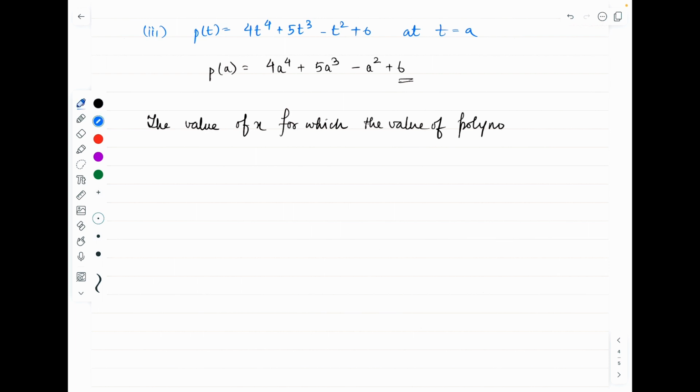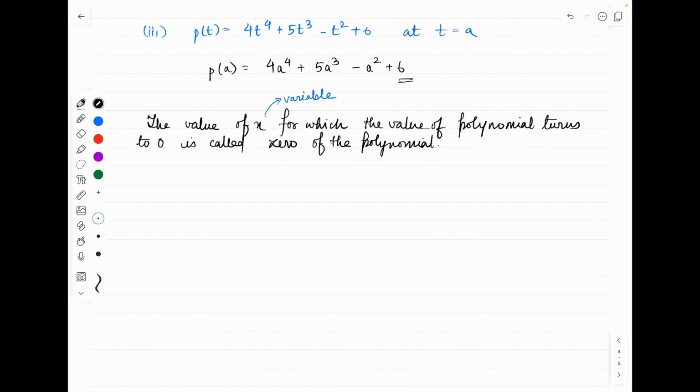The value of x, which is the variable, for which the value of the polynomial turns to 0 is called the zero of the polynomial. Understood?